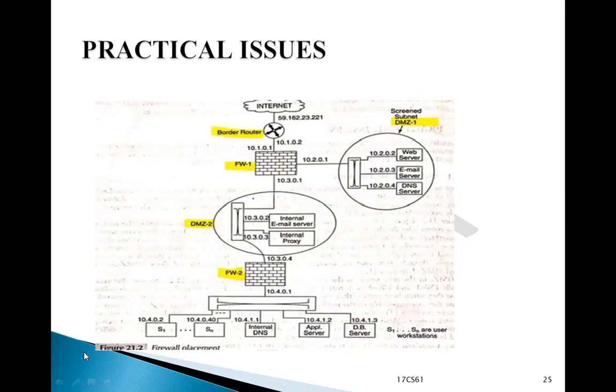A feature of this security architecture is that services such as DNS and email are split. That is, there is an internal DNS server as well as an external one. Likewise, there is an internal email server and an external email server.